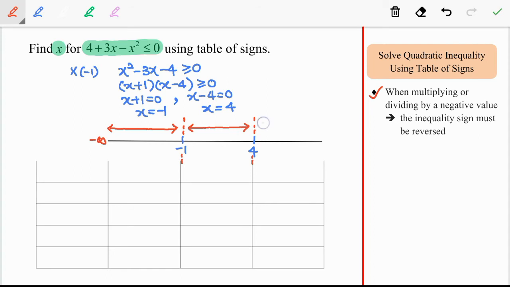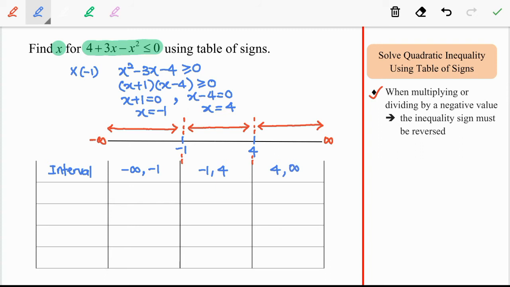And the third interval is from 4 to infinity. Now let's transfer this information into the table. So we put on the first row what refers to intervals. So we have -infinity to -1, -1 to 4, 4 to infinity.